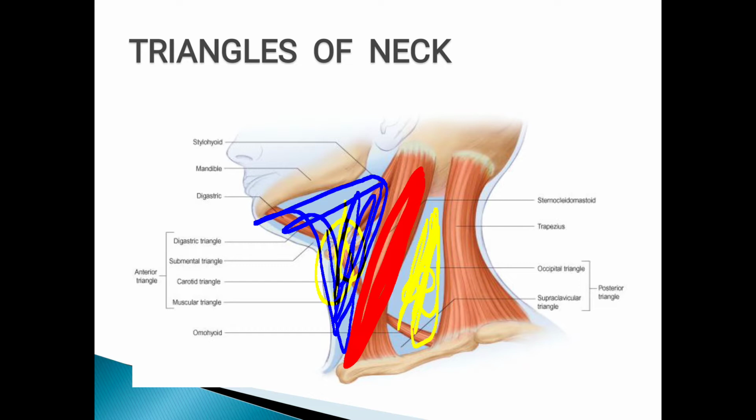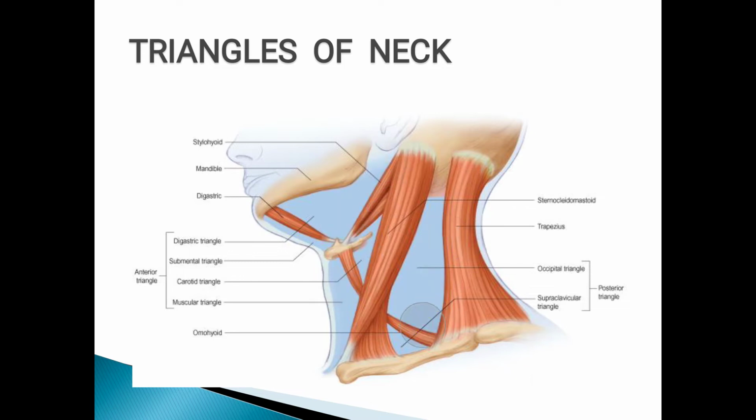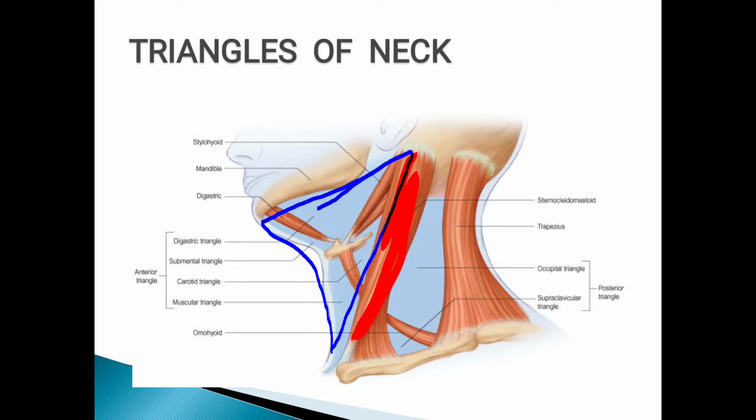Here I have marked the sternocleidomastoid muscle with red. This is the sternocleidomastoid muscle, which divides the side of the neck into two triangles. Here I am marking the anterior triangle with blue; this whole area is the anterior triangle.